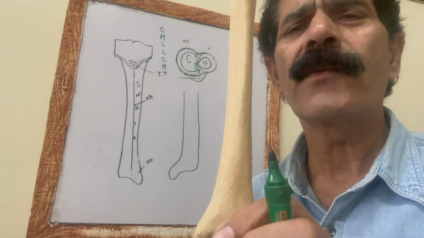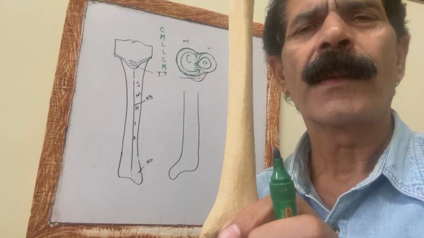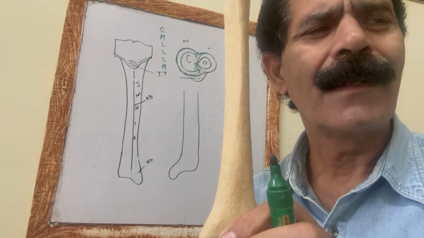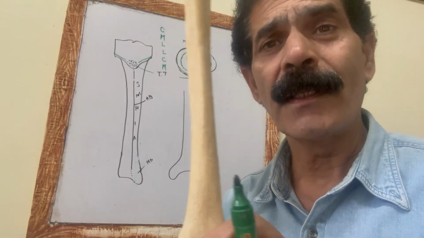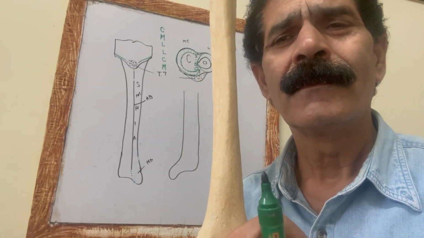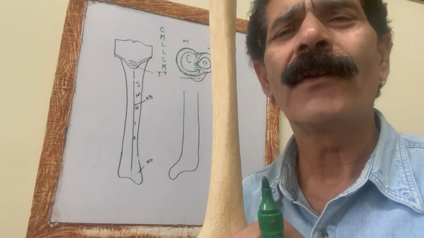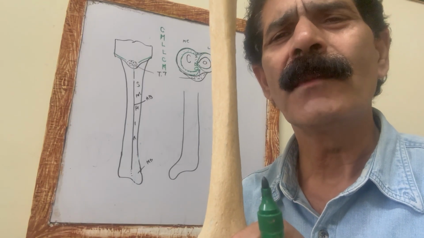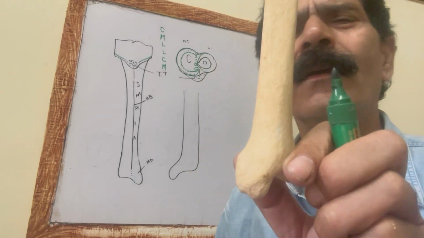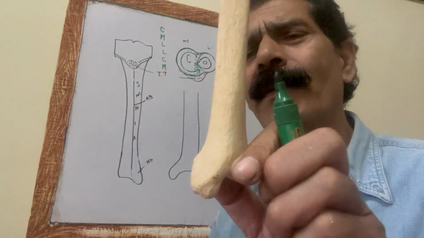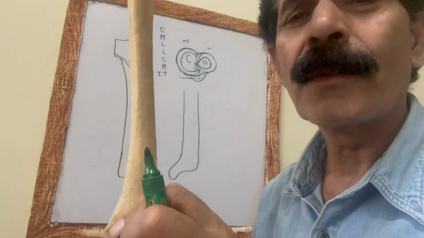The great saphenous vein always lies on the anterior aspect of the medial malleolus, and this position helps in venous access, because even in peripheral circulatory failure the vein is very much there and it is used for the infusion of IV fluids. And fracture is again common because it is subcutaneous.